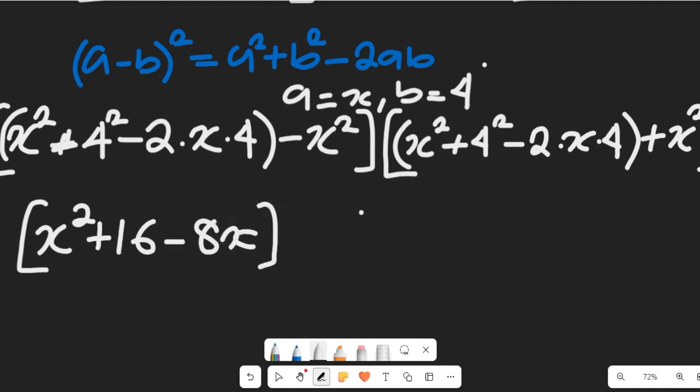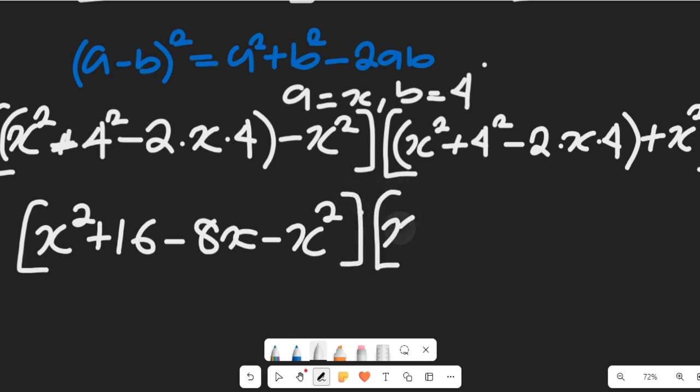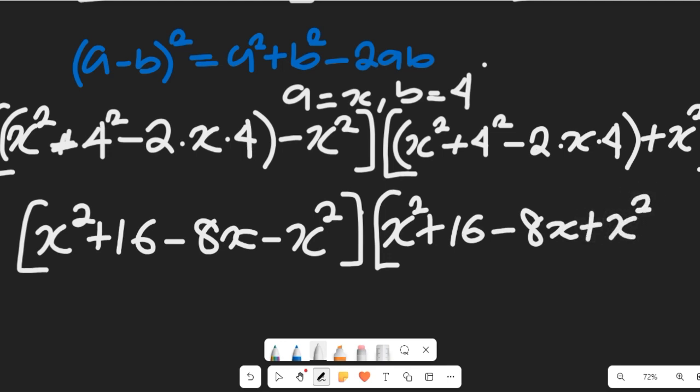And this will be minus x squared. Expand the second one, we'll have x squared plus 16 minus 8x plus x squared, and all these will be equal to 0.